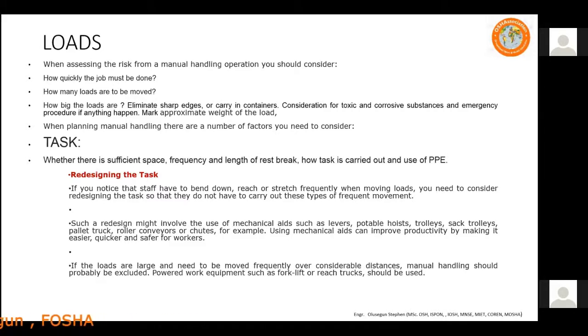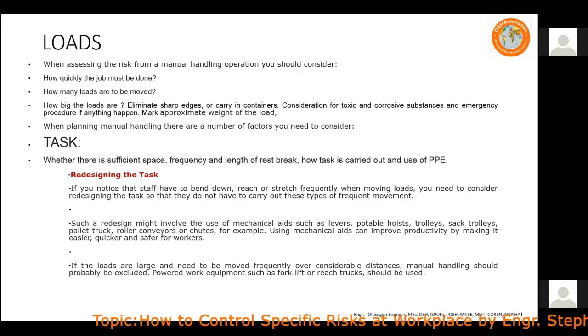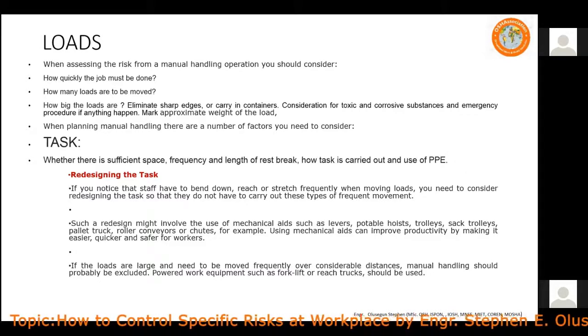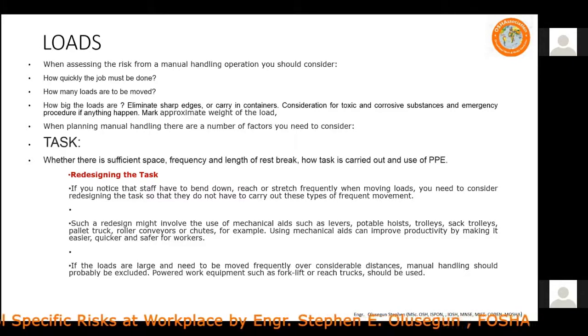There are some places, instead of this person reaching out to catch a product that is coming, why don't you design a conveyor belt, so that where the person is seated, the product comes in front of him and stops there, and he picks it, doesn't have to stretch over there. So redesigning the task can go a long way.